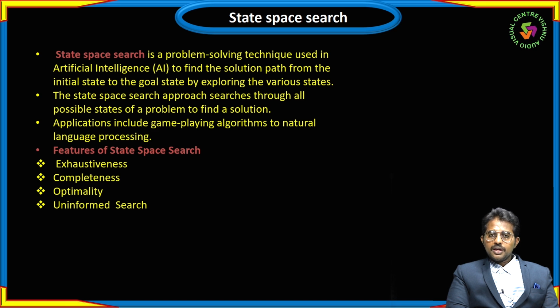We will not be provided any added information, that is, whatever step we are taking and whatever state we are exploring, whether that particular state is the correct state to go to the goal node or not, that information is not known to the user. So he has to explore all the possible ways to find out the goal node. This was the basic idea about the state space search.